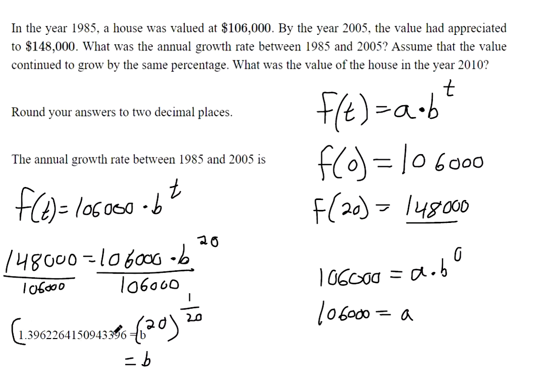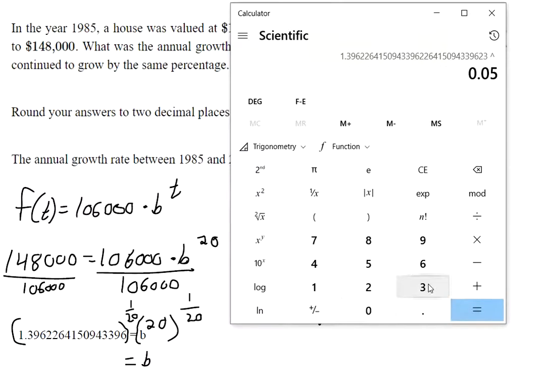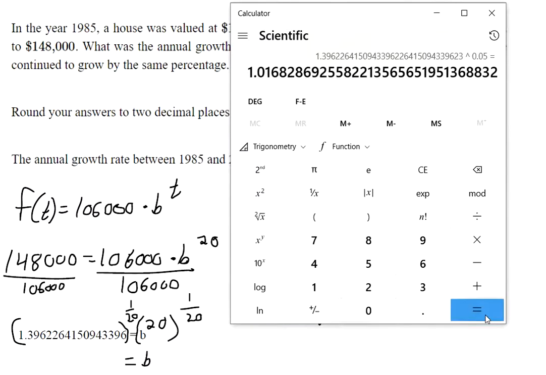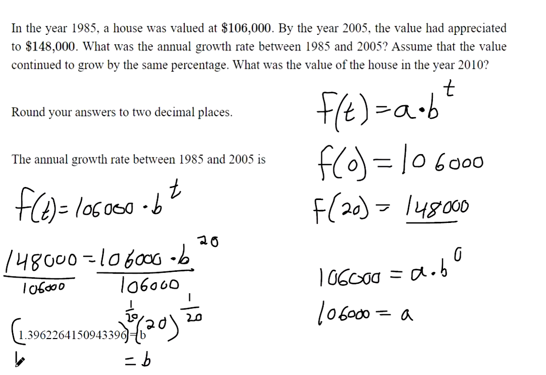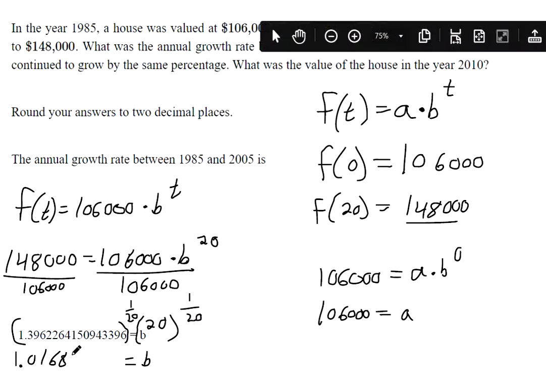But what we do to one side, we have to do to the other side to balance the equation. So I've got to take this whole thing and raise it to the power of 0.05, which is 1 out of 20. So that's 1.0168. That is our exponential rate, but that's not a percentage.